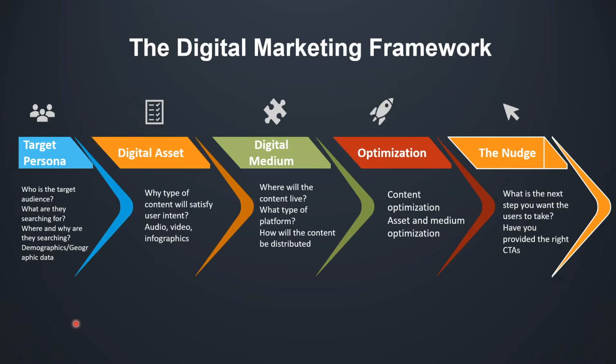Now, if you are an advanced digital marketer, or someone who knows different channels and has been to different blogs, you might have heard about buyer persona, or the sales funnel, or you might have heard about find your target audience, or who is your target audience. That's exactly what this is.